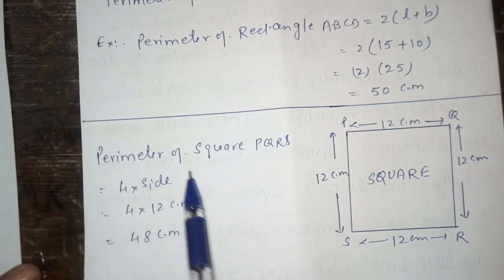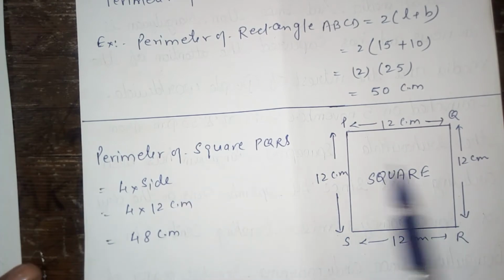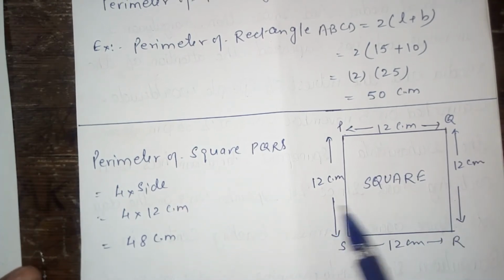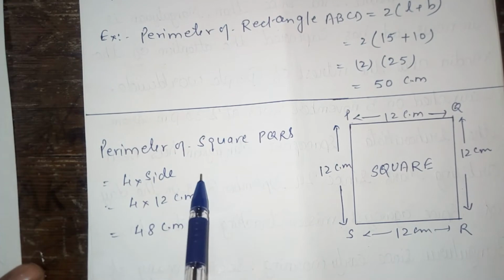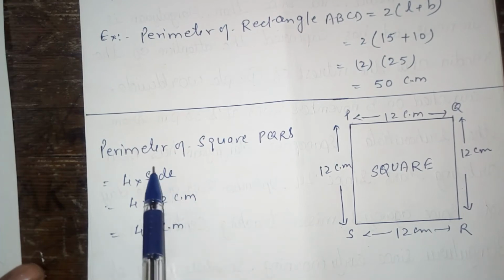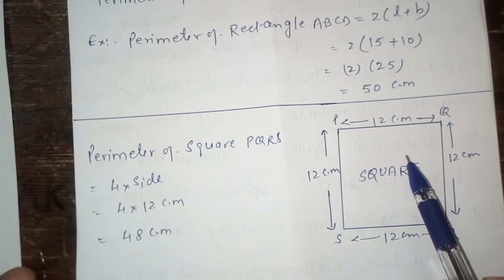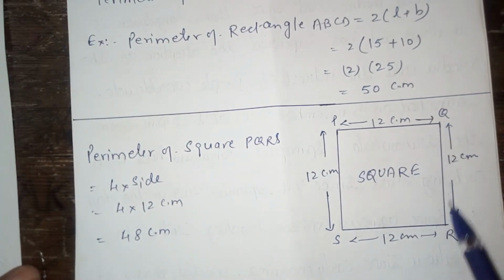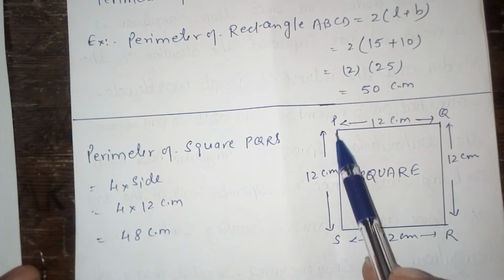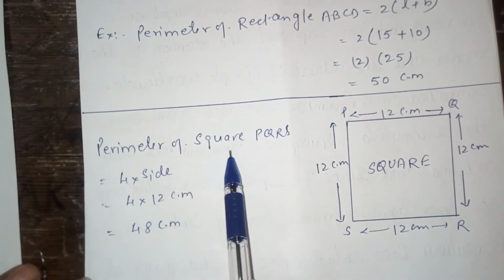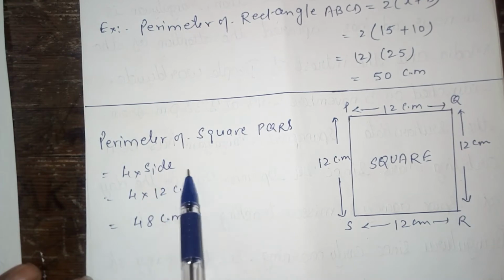So perimeter of square PQRS is equal to 4 into side. Perimeter means sum of all sides. How many sides are there? This is first side, second side, third side and fourth side. So perimeter of a square is 4 into side.